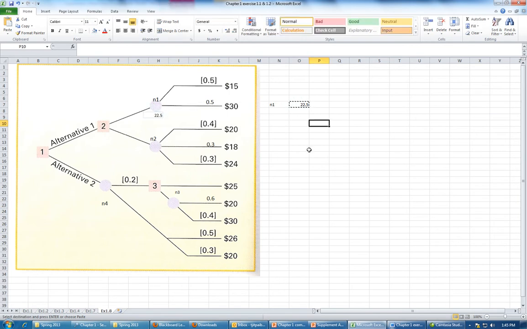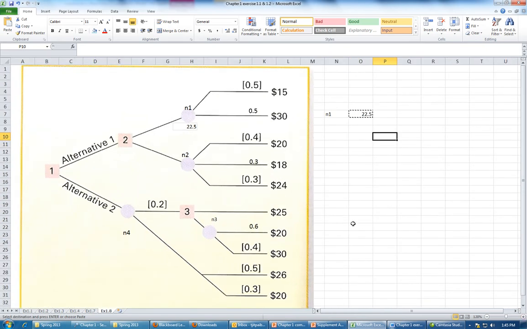Next one, node number 2, is going to be equal to the outcome of these three events.